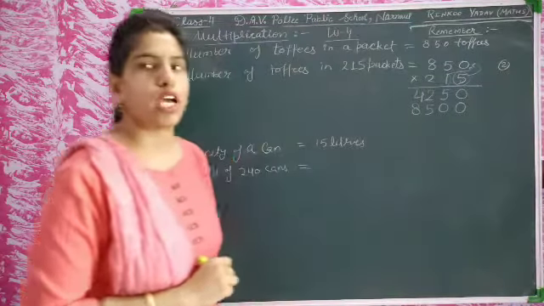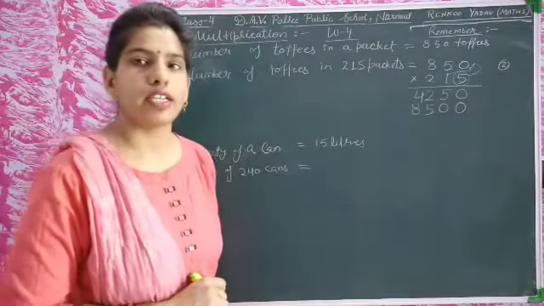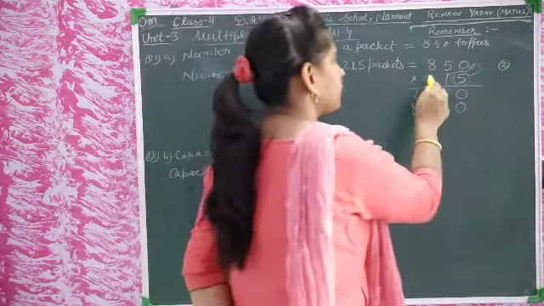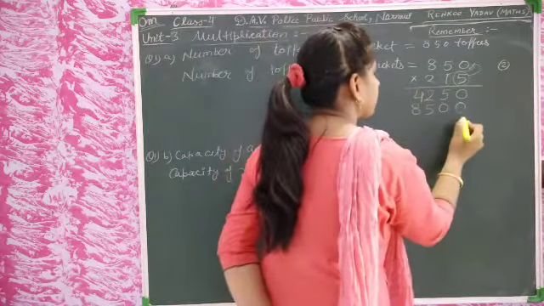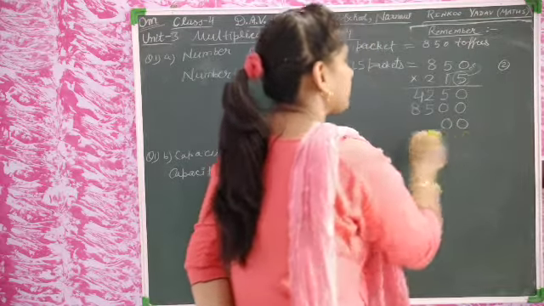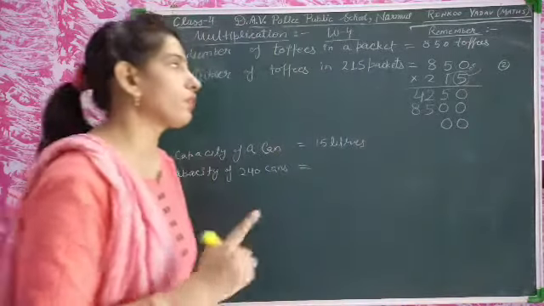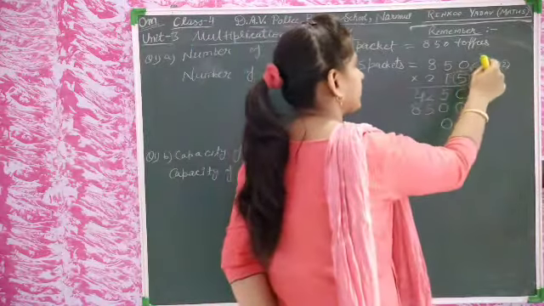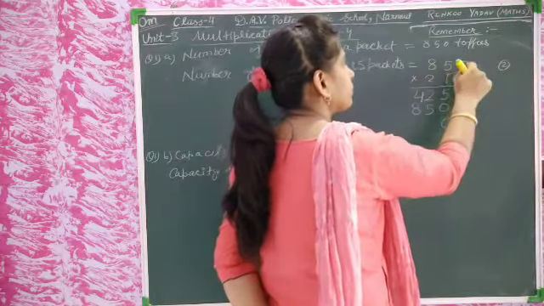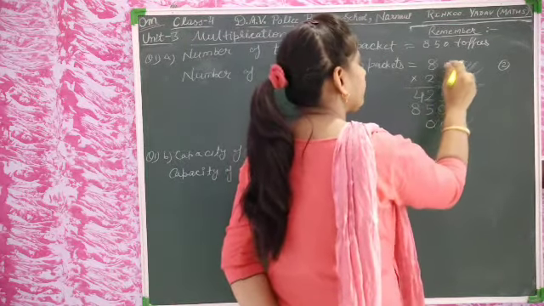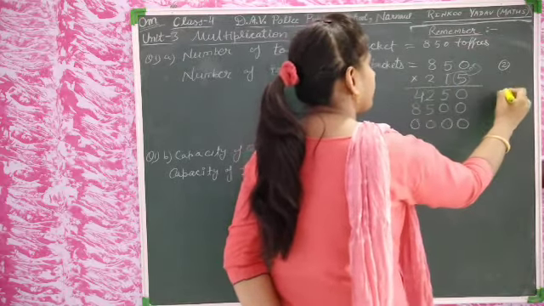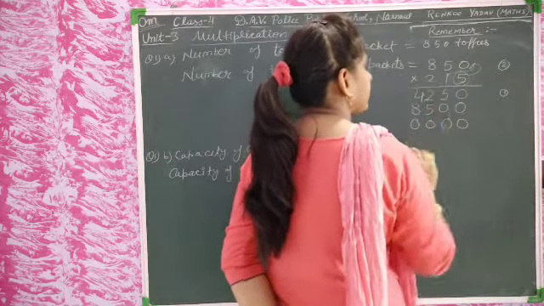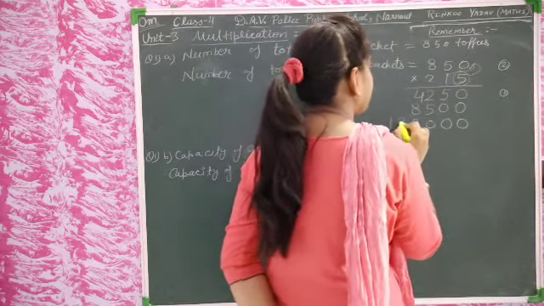Now students, we have to multiply the hundreds digit. How many hundreds? 2 hundreds. So first place 2 zeros in this place. Now we will multiply the hundreds place digit to this number. 2 into 0, 0. 2 into 5, 10, 1 is carrying. 2 into 8, 16 plus 1, that is 17.